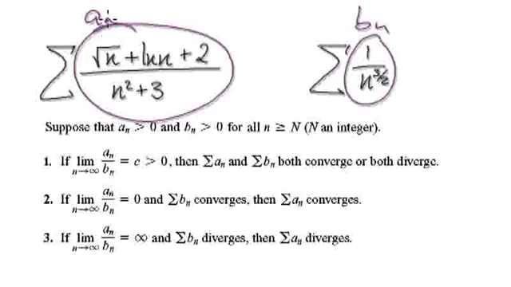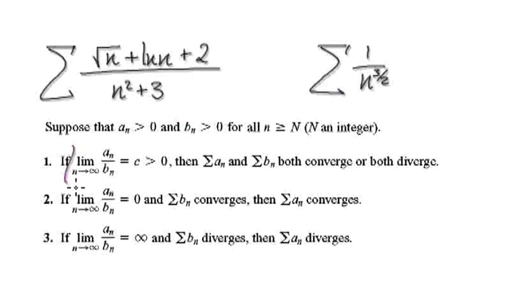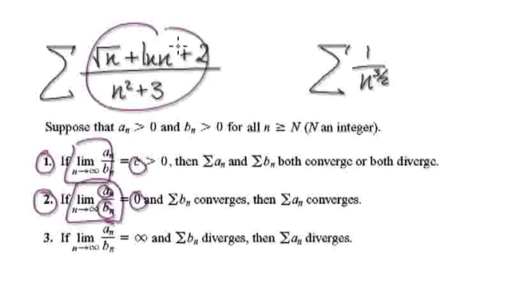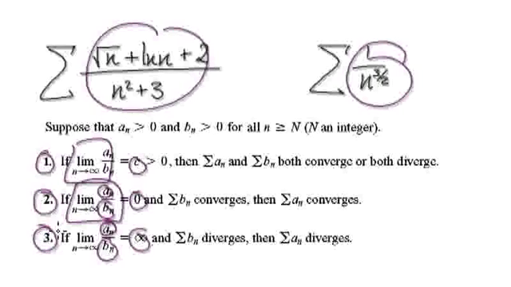Now let's get an divided by bn and see what the limit is. If the limit is a constant bigger than 0, then we will need to take this scenario. If the limit of an divided by bn equals 0, then we need to consider case 2. If this divided by this equals infinity, then we need to consider case 3.